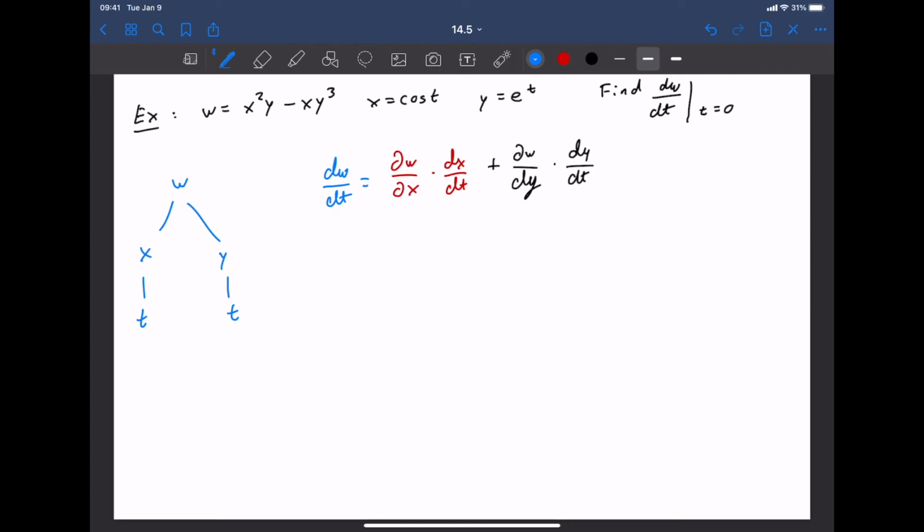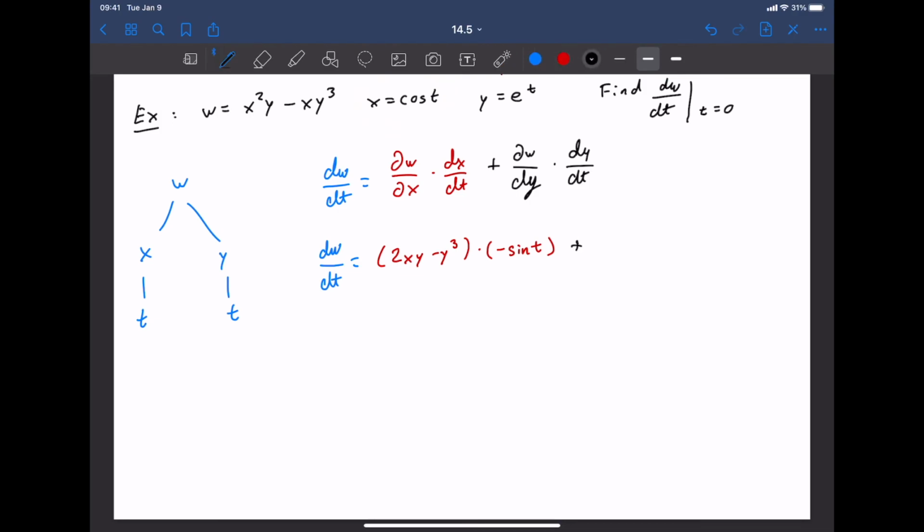Try this problem out. Pause the video, try it out, see what you get for dW dt. 3, 2, 1. I am getting, for my X contribution, 2xy minus y cubed times negative sine t, the derivative of the cosine.